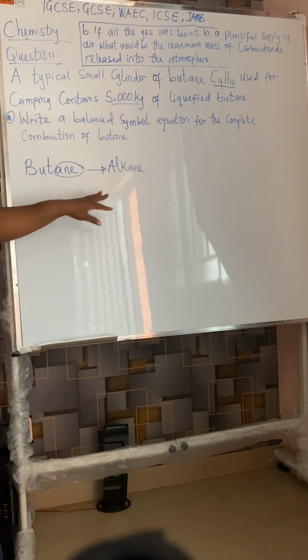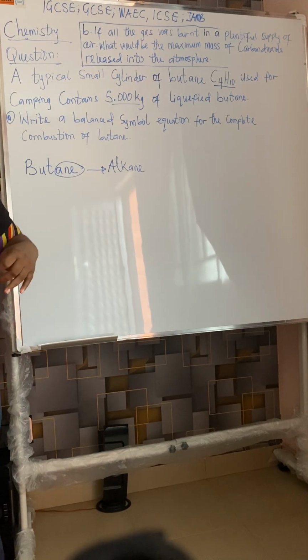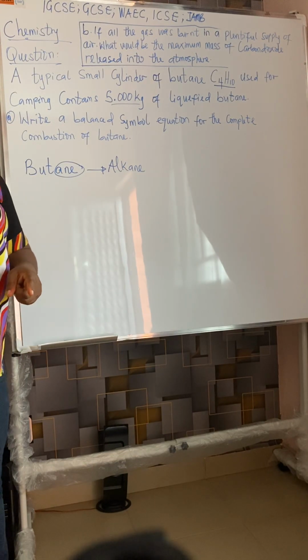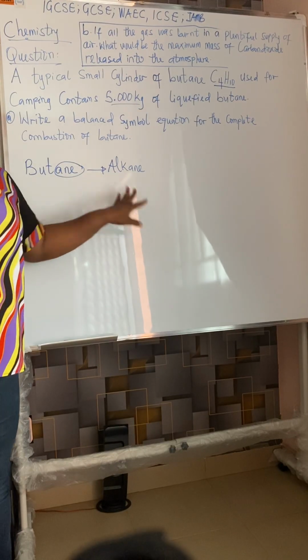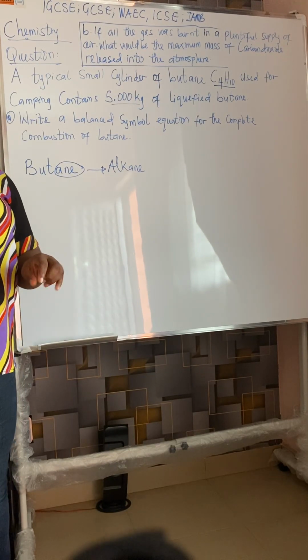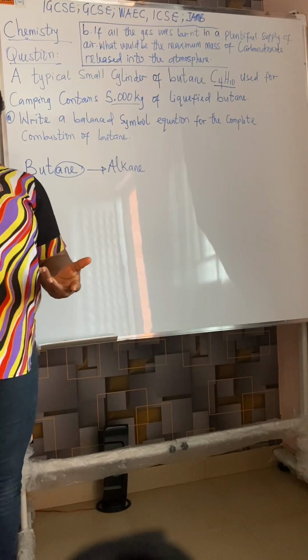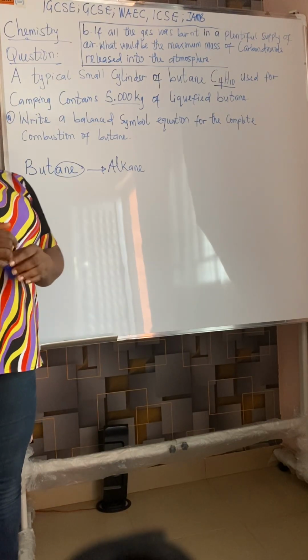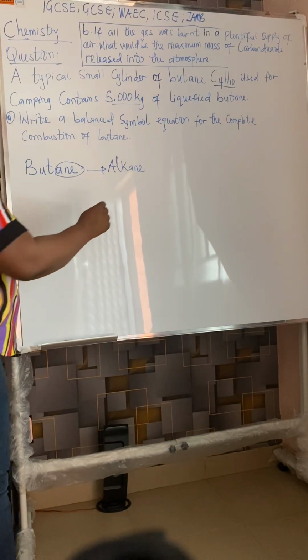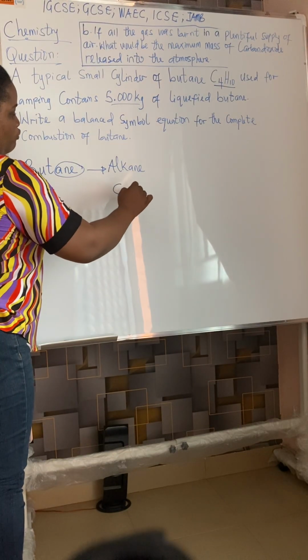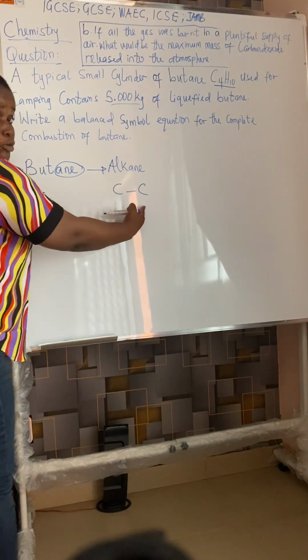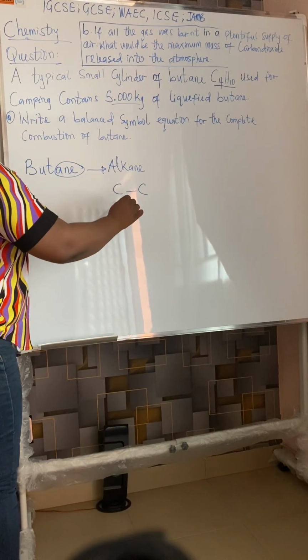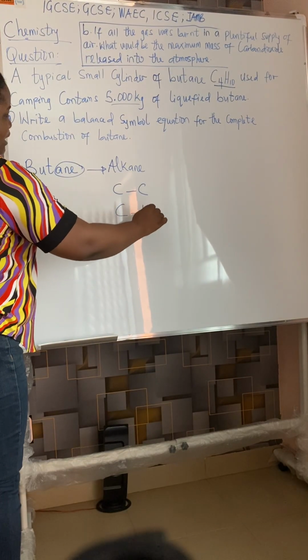We know that alkane is a hydrocarbon. And we know that they are saturated. When I say a hydrocarbon is saturated, it means that you have a single covalent bond between the carbon-carbon bond and a single covalent bond between the carbon-hydrogen bond.